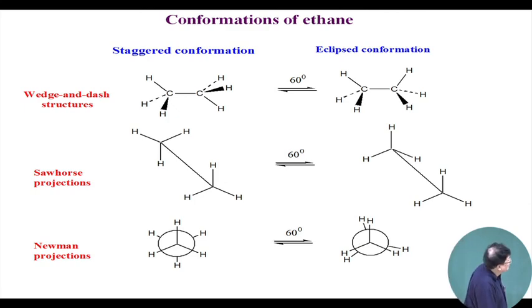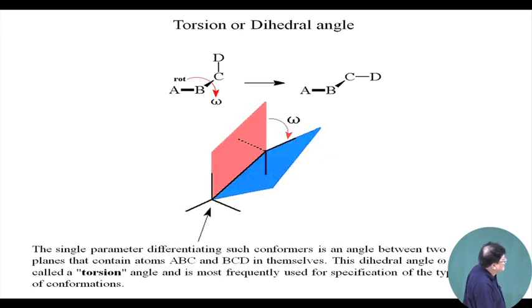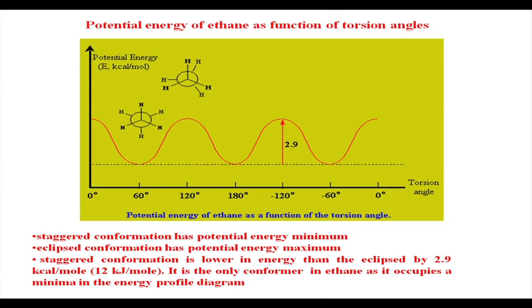Now, if you try to do the conformation analysis, the dihedral angle I have already explained, that is also called torsional angle, that also I told you. So, if you now do the energy variation of the system, of the various conformations as a function of torsional angle, suppose I have started with the eclipsed one, the eclipsed one has the highest energy, fully eclipsed one.